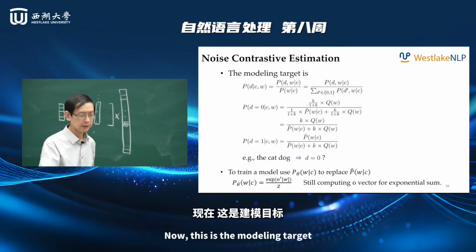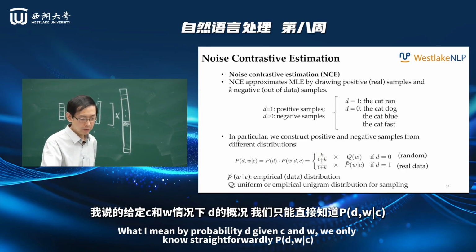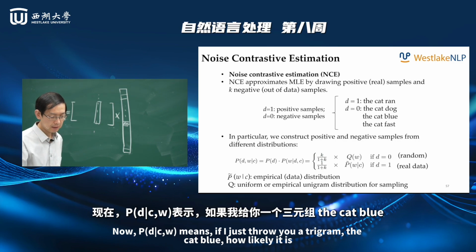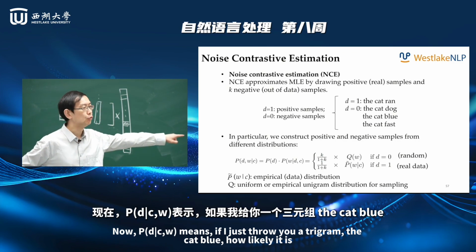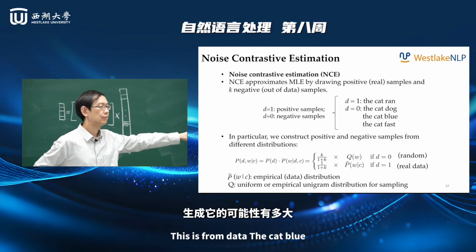Now this is the modeling target. What do I mean by probability D given C and W? We only know straightforwardly P(D, W given C), right? Now P(D given C and W) means if I just throw you a trigram, the cat blue, how likely is it that this is from data?